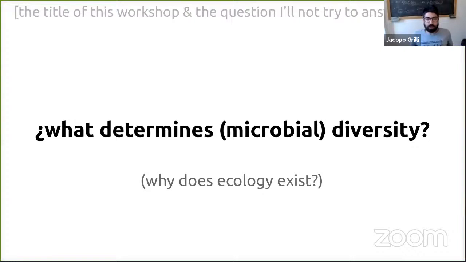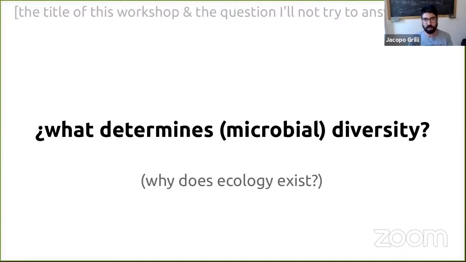The title of this workshop is very much aligned with the question that keeps me up at night when my son doesn't want to sleep: what determines microbial diversity? This is a very foundational question in ecology, because it's basically equivalent to asking why ecology exists in the first place, and I will not even try to answer this question during my talk.